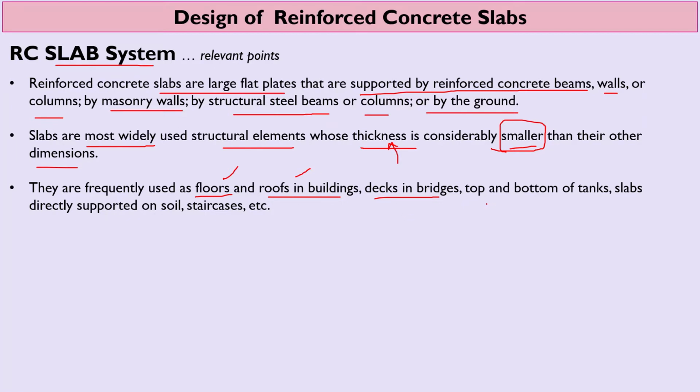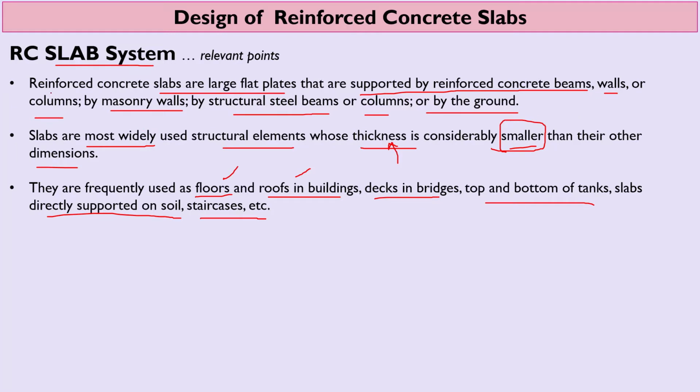And for a water tank, the base of the tank is a slab, as well as the top, that is the covering of the tank. Slabs can be directly supported on soil, just like staircases, etc.